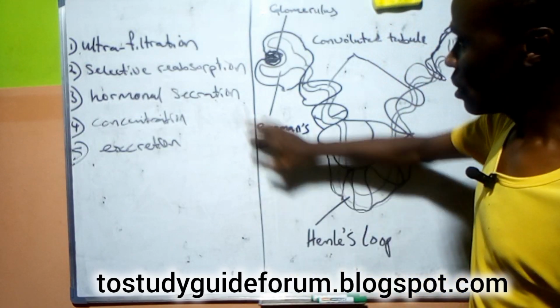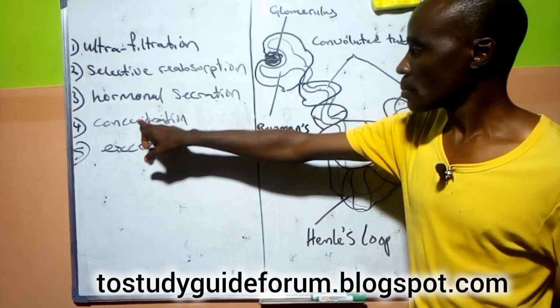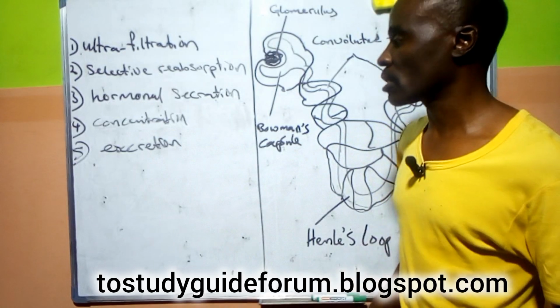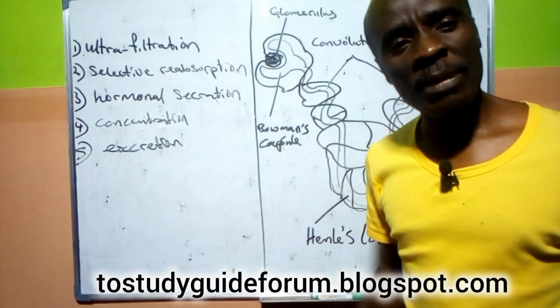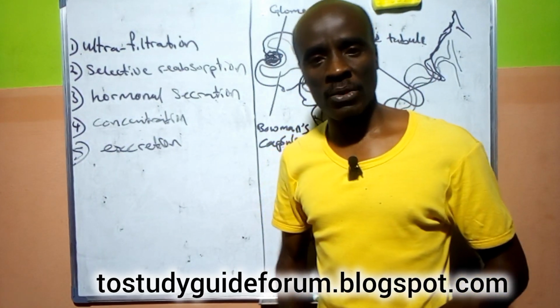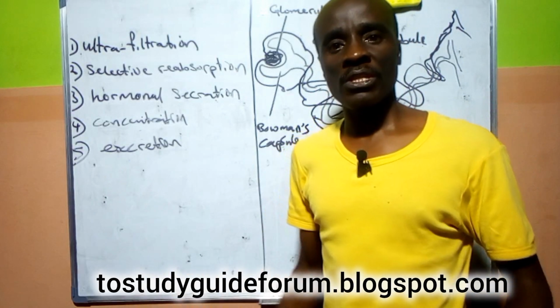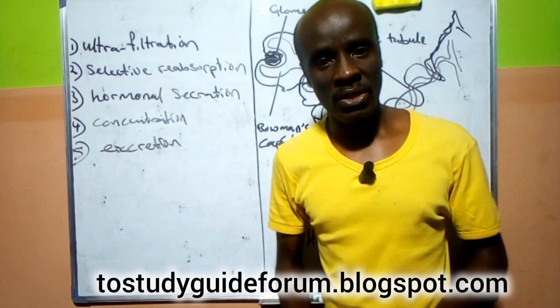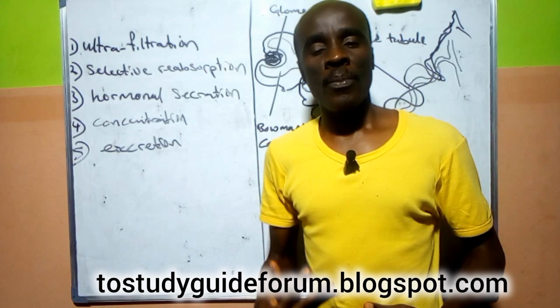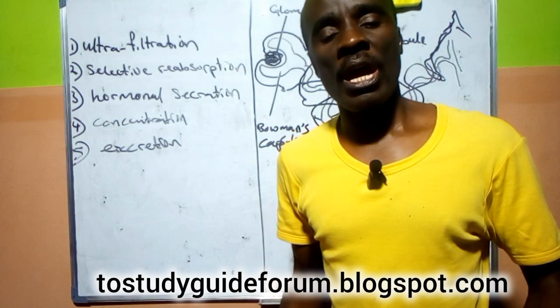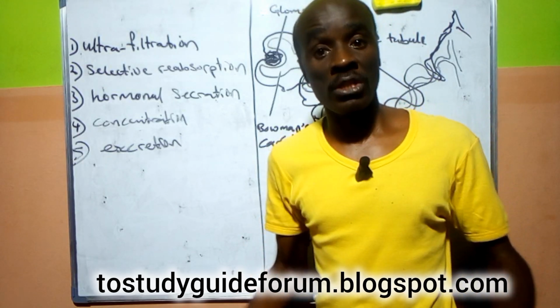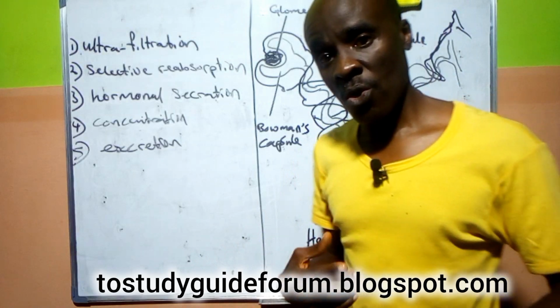So when we get to this point, the concentration, this is where the kidney plays a very important role. That is the osmotic regulation of the body. Whenever you are dehydrated, concentrated urine will go out of your body.